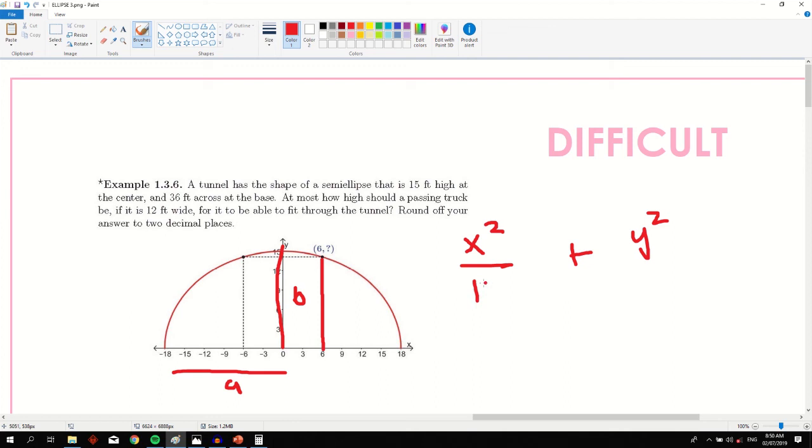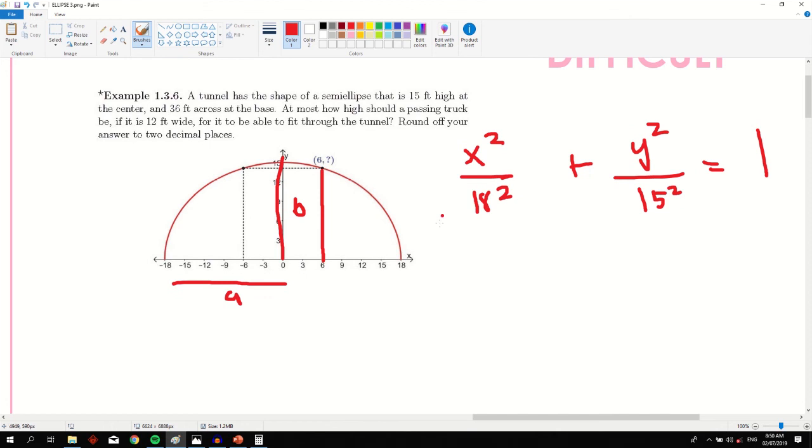It's 18 squared, plus y squared over b, which is 15 squared, equals 1. Okay, so we know that x is 6.